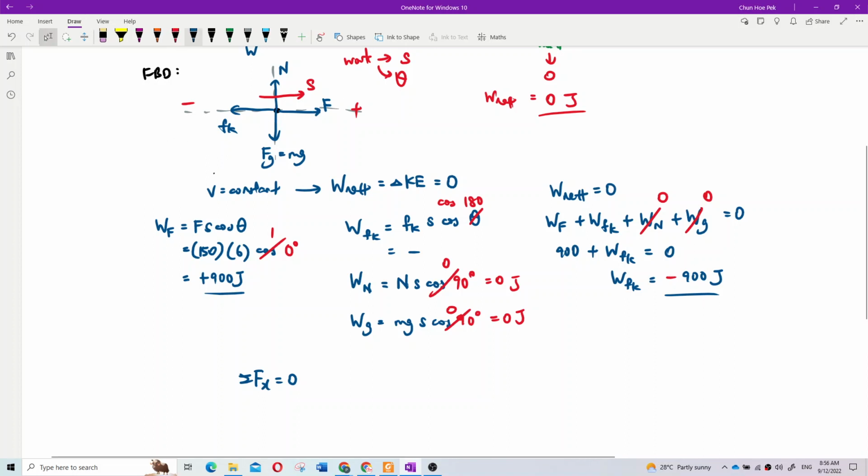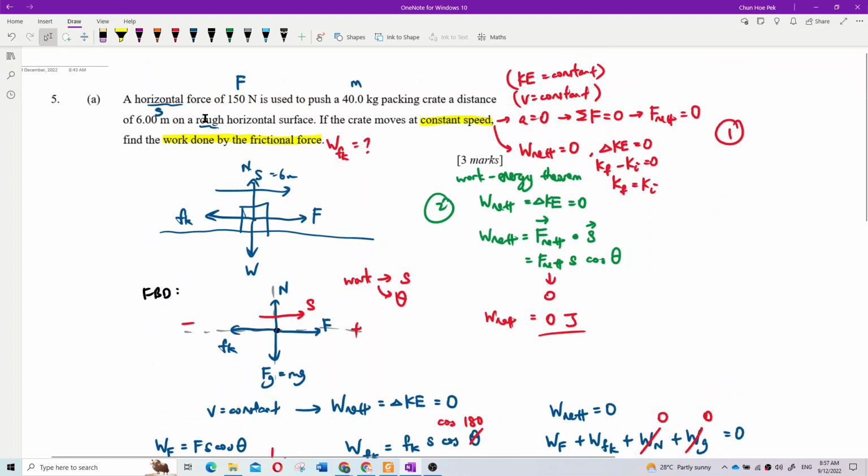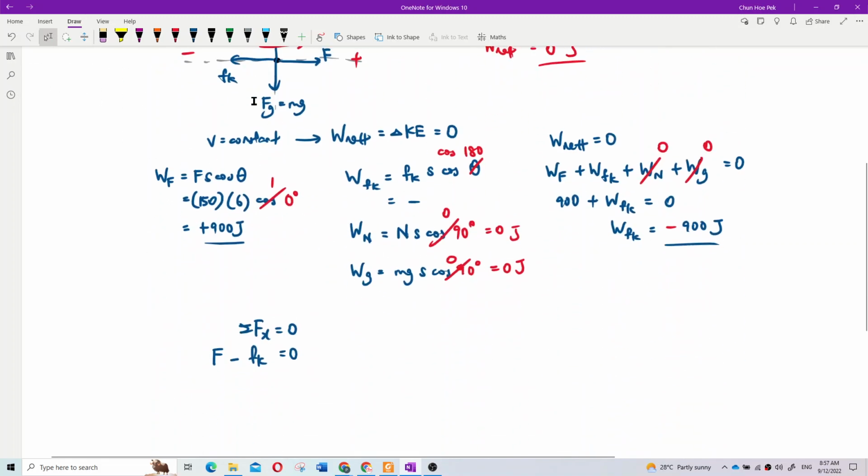So F minus friction equals 0. Force F is 150, so 150 minus friction equals 0. So friction equals 150 Newton.